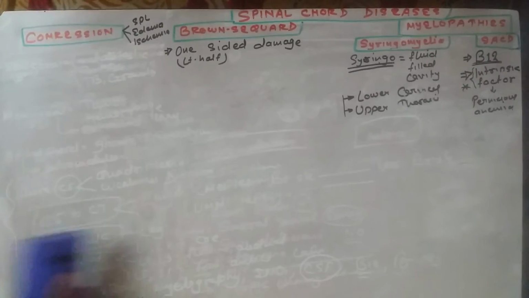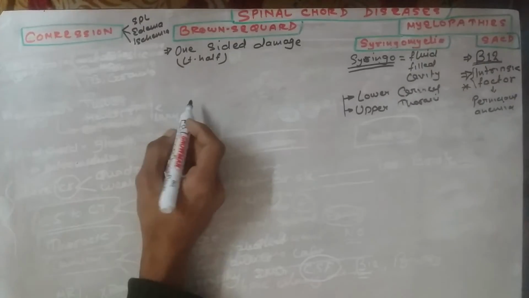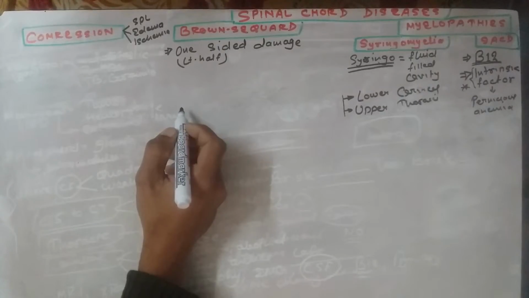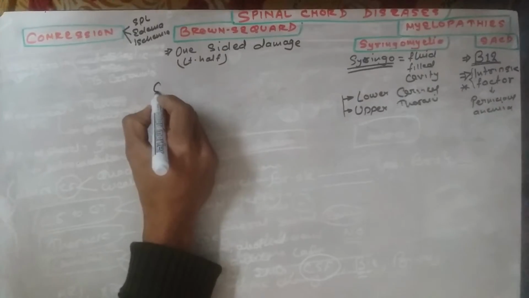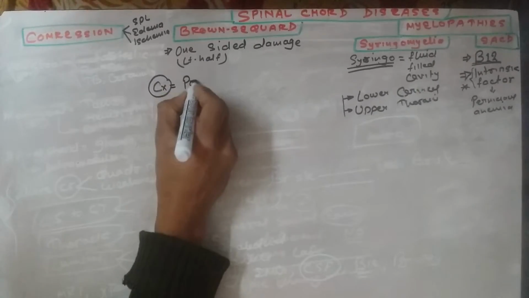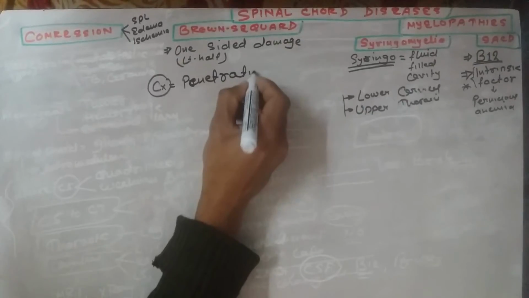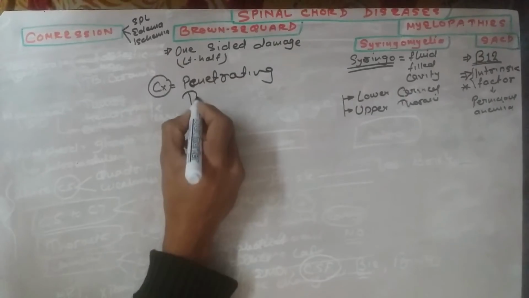Where the damage has happened, there is pain. The cause behind Brown-Séquard syndrome is usually penetrating trauma such as a gunshot, or it can be some tumor.